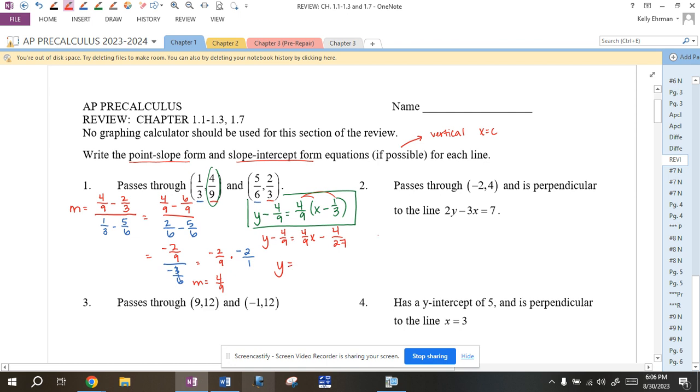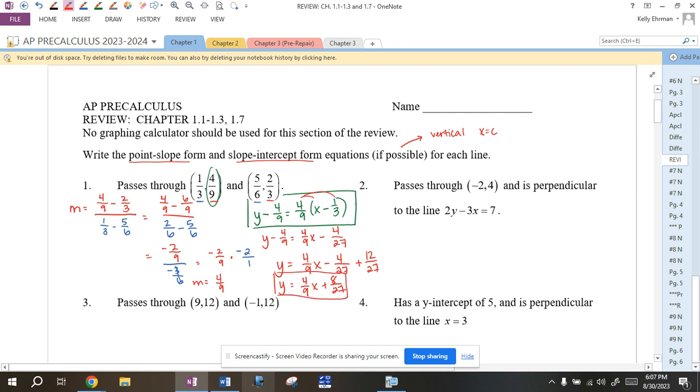The last step will be to add 4/9 over. So I've got negative 4/27. And then if we're adding 4/9, we're really adding 12/27 to get that common denominator. So y equals 4/9 x plus 8/27.